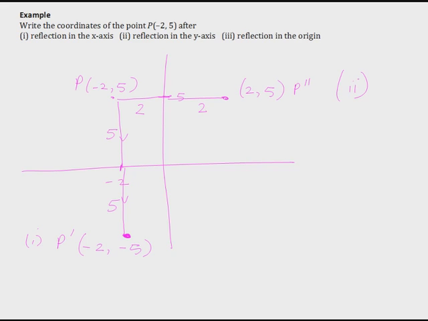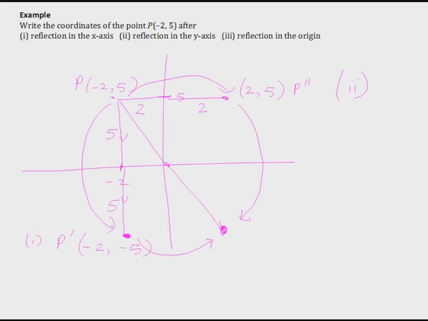How about reflection in the origin? That means I go to the origin and I continue an equal distance away from the origin. And I end up here. So look at reflection in the origin. It's interesting. It's the same as reflecting first in the x-axis and then in the y-axis, or reflecting first in the y-axis and then in the x-axis.